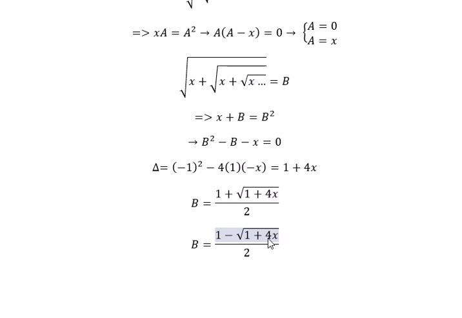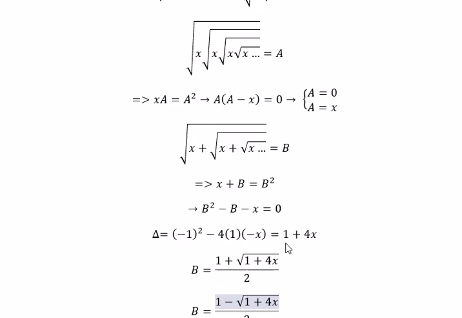We know that if s is positive, then 1 plus 4s is greater than 1. And if we have 1 minus this one, it will go to a negative number, because even though we have the square root of 1, 1 minus 1 gives 0, but we have 4s, so this one will be negative.